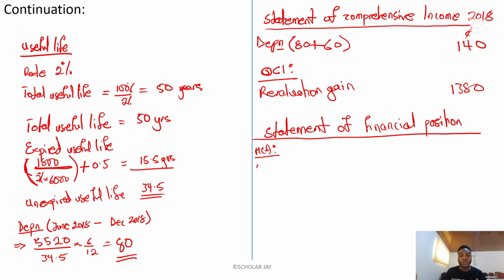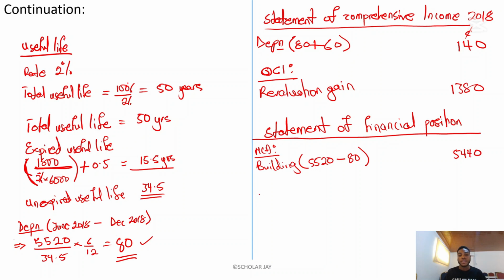So the cost of the building that we will show in this book here, so that will be PPE, or the building will be the 5520, right, minus the 80. Do you agree? Because the 5520 was the revalued amount, and the new depreciation on it was what? The 80. So the carrying amount as at 31st December 2018 will be the 5520 minus 80. So that gives us 5440.